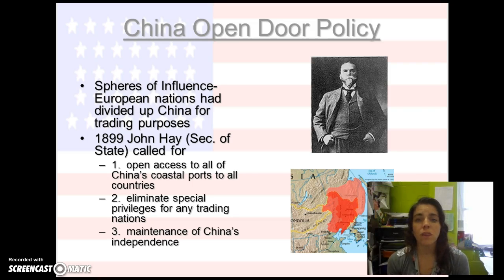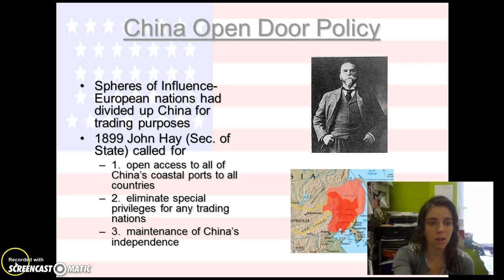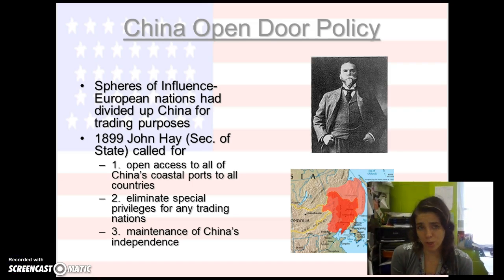Number two, that China should not have special privileges for any trading nations, and that the Chinese should keep their independence, which is a really great thing for the Chinese. However, John Hay never actually talked to the Chinese about this, and so you see the United States getting involved with China over the right to trade with China.